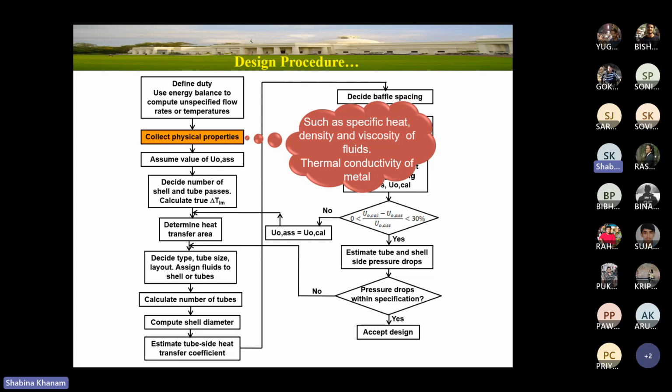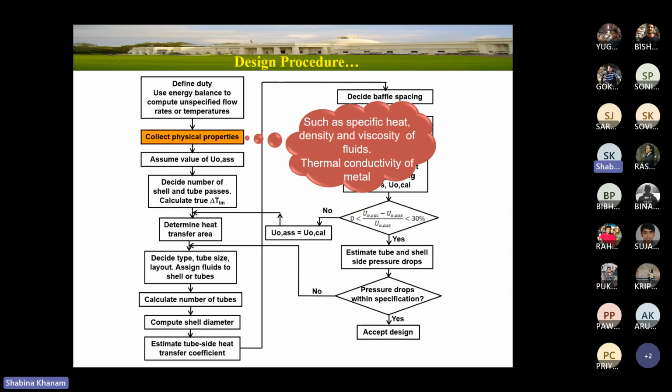Otherwise, you need to take a new specific heat value, make the energy balance, calculate the unknown temperature, calculate the average temperature again, and see the specific heat value from the chart. This iteration continues till you have two consecutive specific heat values equal. I hope you are getting my point.